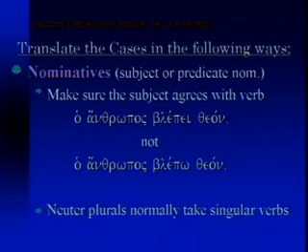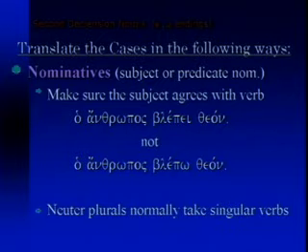Here's an exception. When neuter nouns are found in the plural, this is the only exception where they can take singular verbs. When you're working through the exercises for this chapter in Black, and you come across a neuter plural form, keep in the back of your mind that it can, and normally does, take a singular verb.